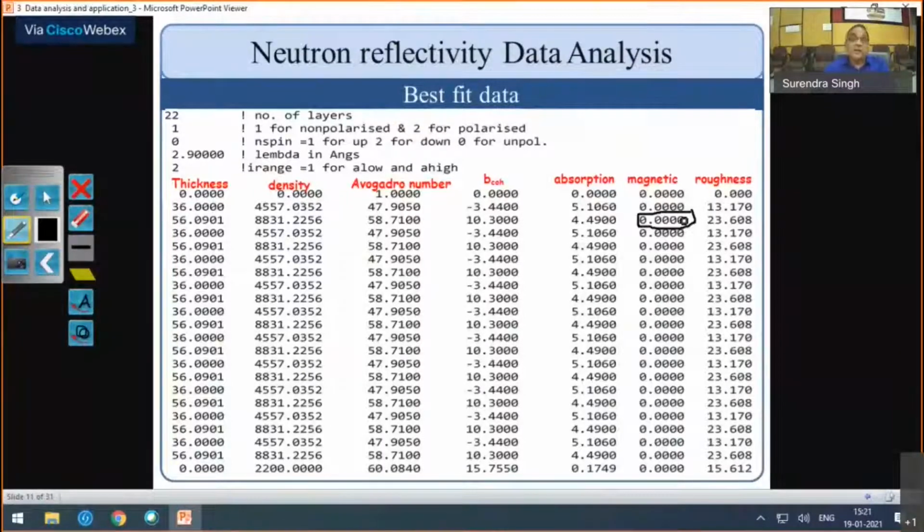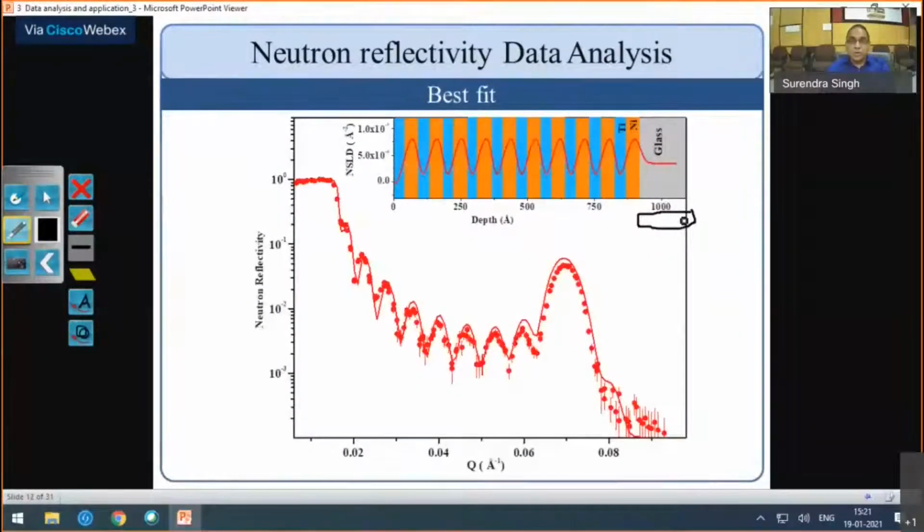We cannot fit spin up with one moment and spin down with some other moment, because a single nickel moment for a layer is responsible for both R plus and R minus intensity. So we don't have to give two different magnetic moments for R plus and R minus. Okay, so this is the kind of analysis.